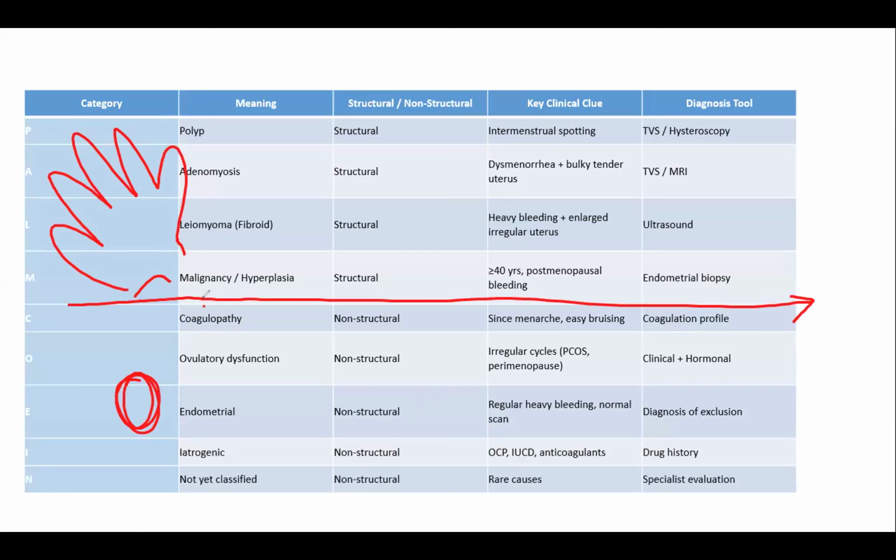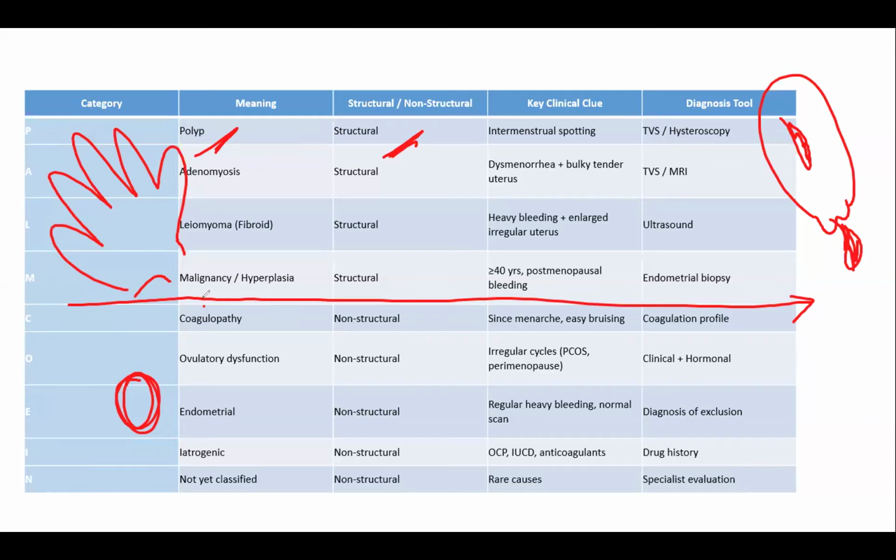Like see, it's a polyp. It's a polypoidal growth which can arise from the endometrium or from the cervix. So any polyp, it's a structural growth. Usually, if the polyp is lying outside, when you are doing any heavy work or something like that, you will have intermenstrual spotting. That is a significant history that a patient tells.